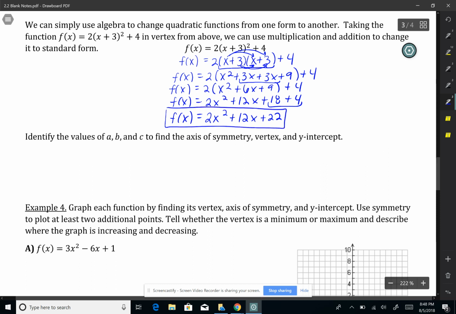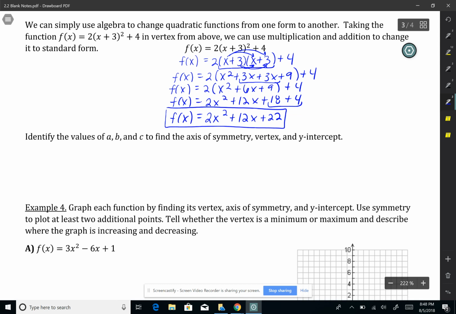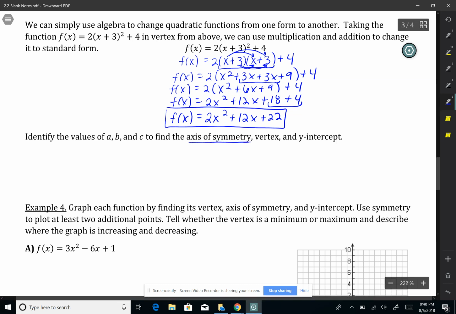Okay, so let's first start with the axis of symmetry. So in order to do this, we have to identify our values of a, b, and c. A is our first coefficient, 2. B is the coefficient of the x term, 12. C is your constant term, 22.